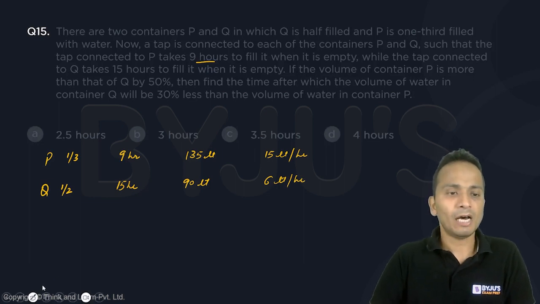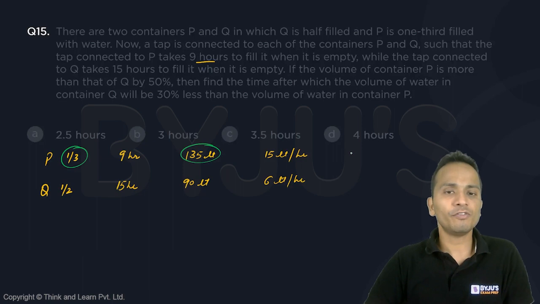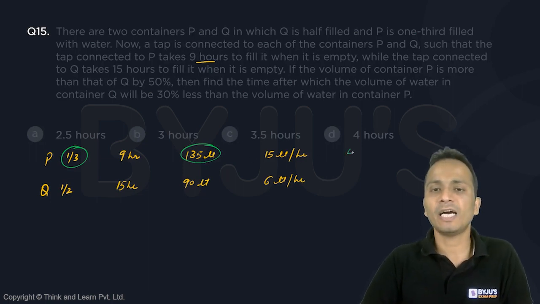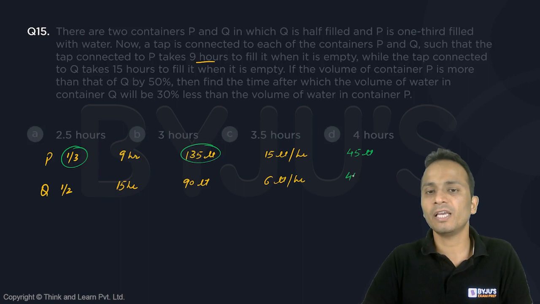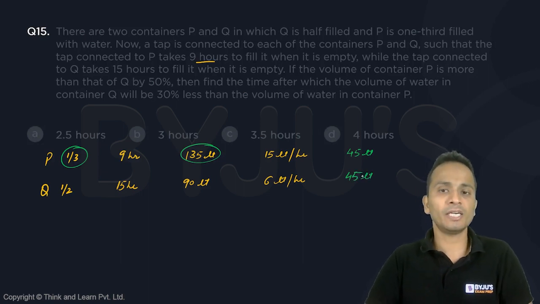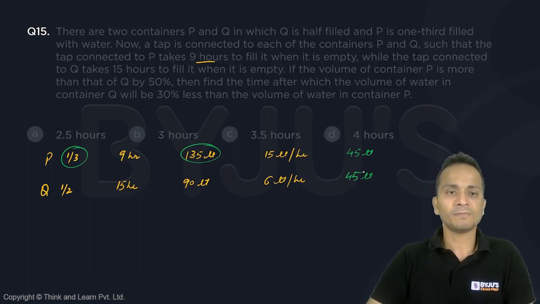The total capacity of P is 135 liters, and P is already one third filled, so the water already present in P is 135 divided by 3, that is 45 liters. In Q it is 90 divided by 2, that is again 45 liters. So in both containers, 45 liters of water is already present, right?